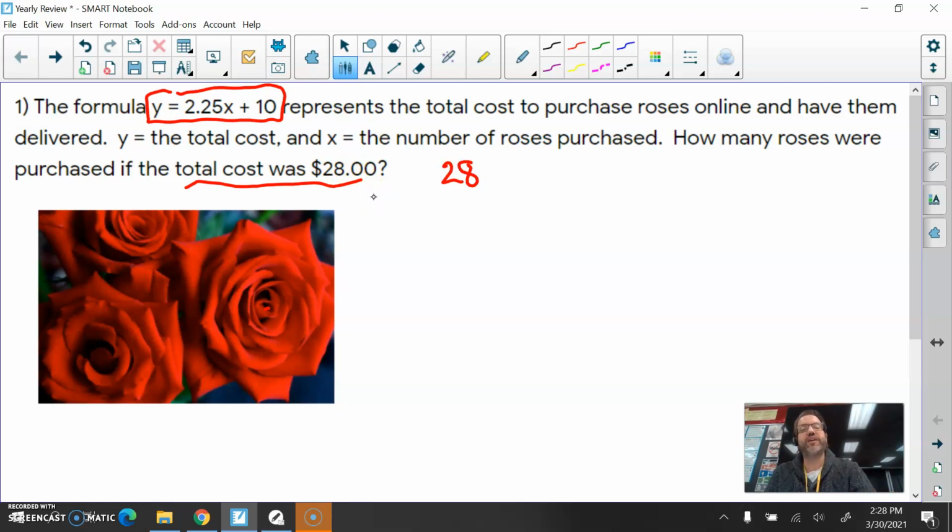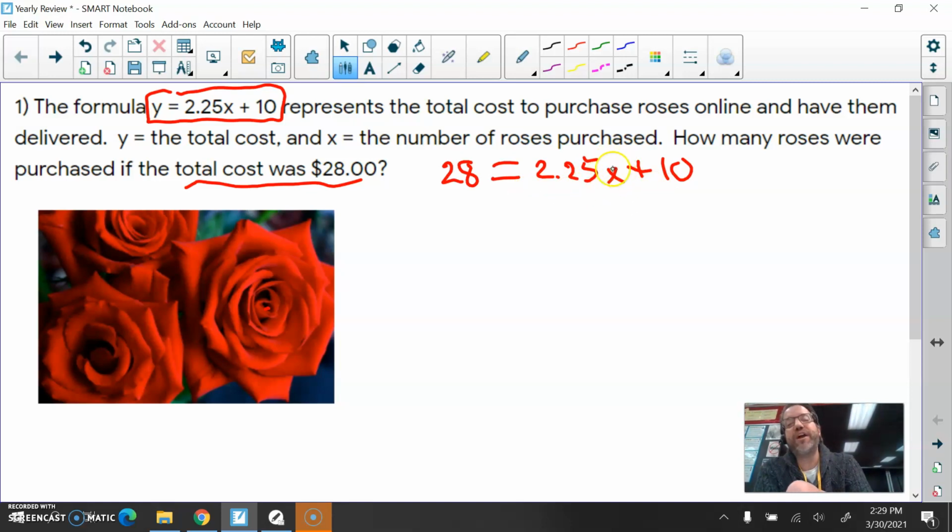I'm just going to put 28 for y equals 2.25x plus 10. Really what I've done here is I have rewritten that formula. Only now, instead of putting a y out in front, I'm replacing it, or substituting 28 in its place, because that is the value of y. That's the total cost. So this is a two-step equation that I need to solve here.